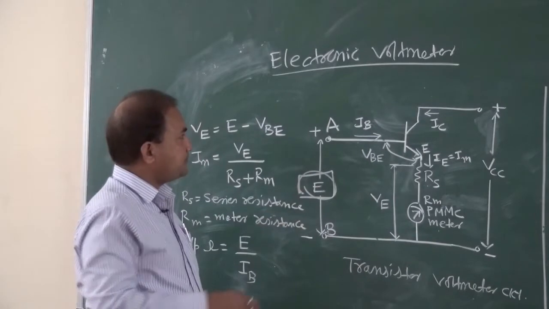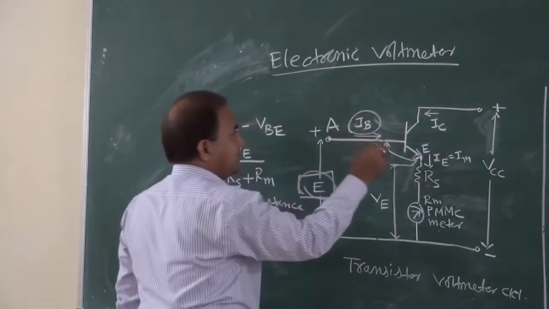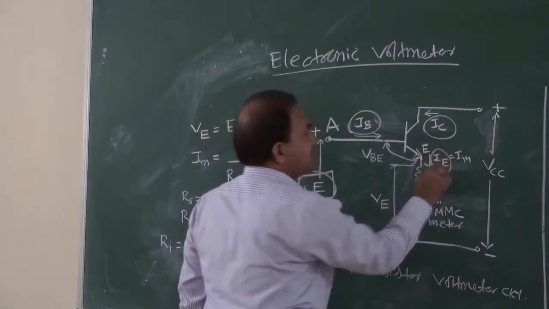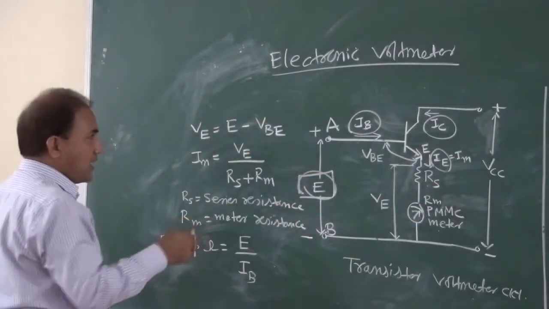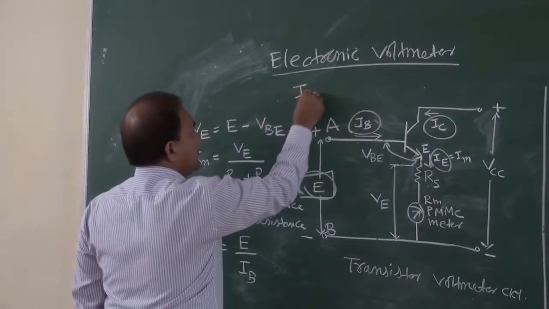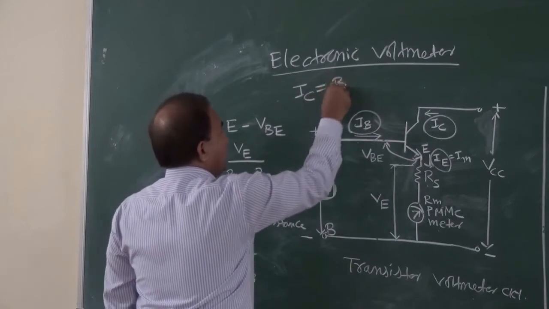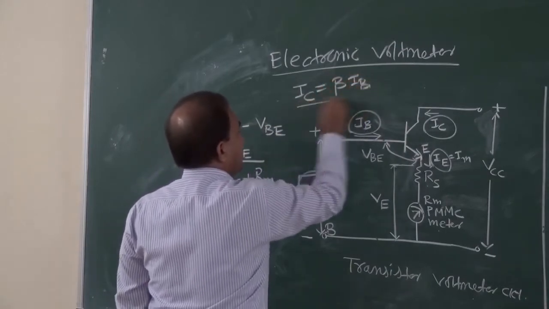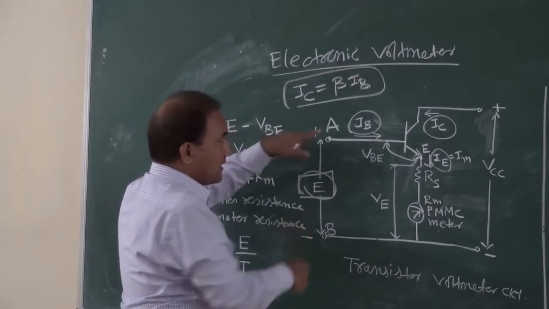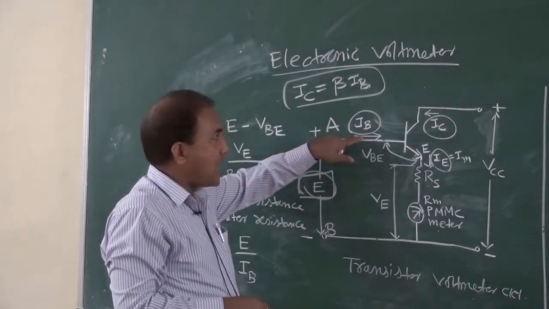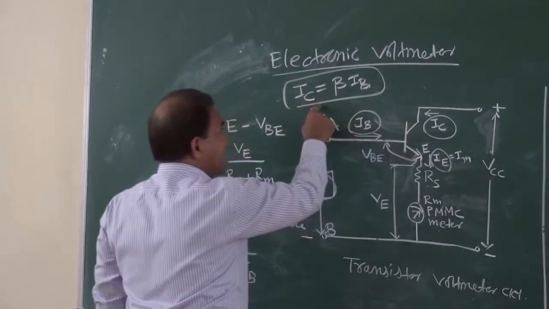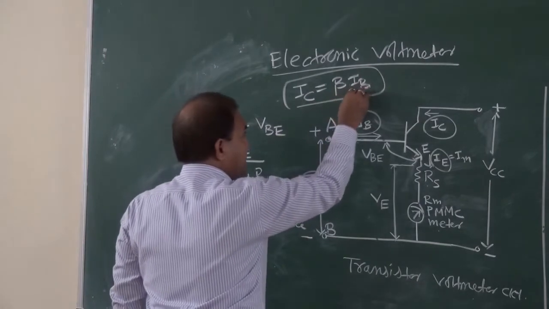Now this is the base current IB, this IC is the collector current, and this IE is the emitter current. Now as we know, IC is equal to beta IB. Because of this voltage, current IB will flow, and this IC current is equal to beta times IB.